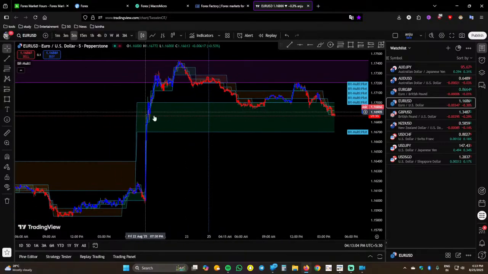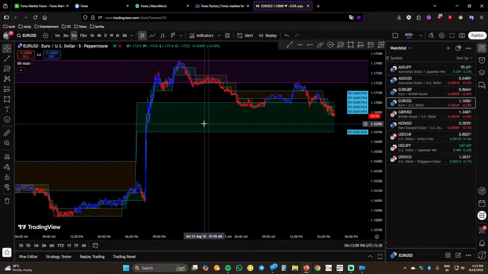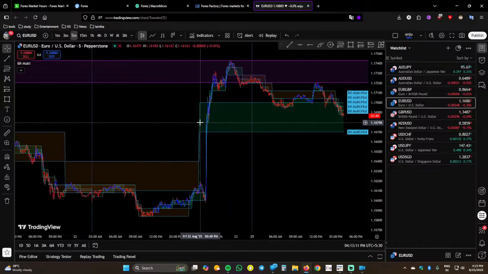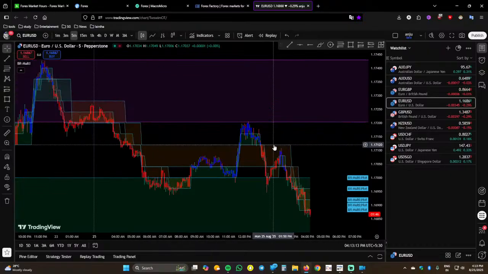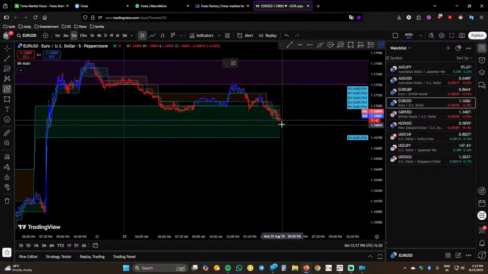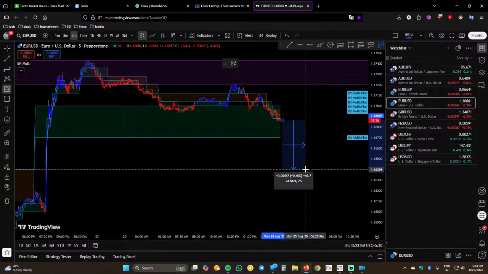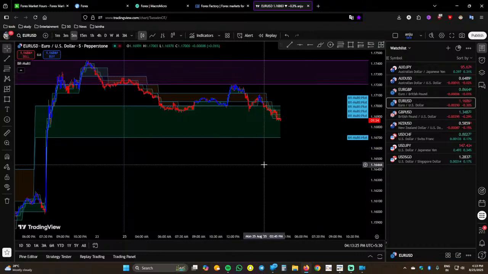But our 4-hour Renko is still upward. For the 4-hour Renko to reverse, the price has to move a minimum of 40 pips.